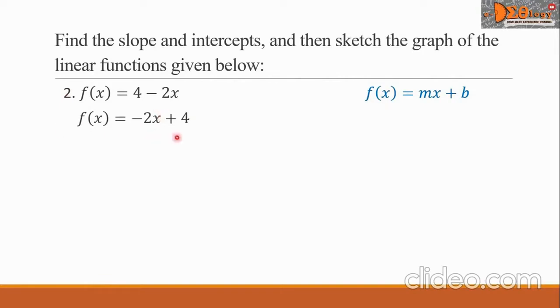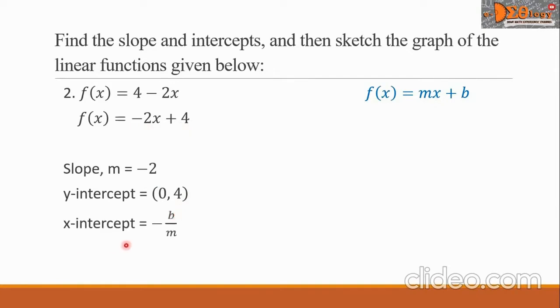And from here, we will collect now first the slope, and that is the coefficient of the x, which is negative 2. Next is the y-intercept with coordinates (0, 4). You can see I copy directly the constant in the function, and it is written here.